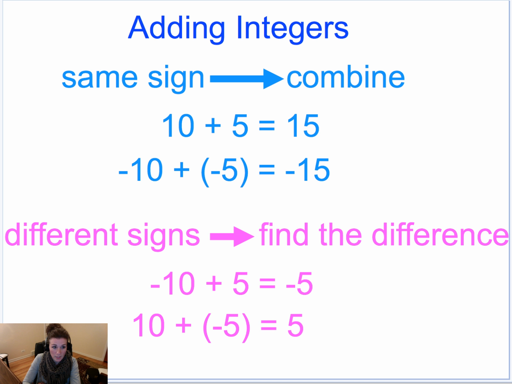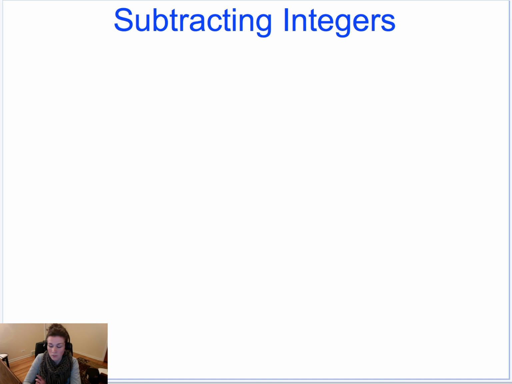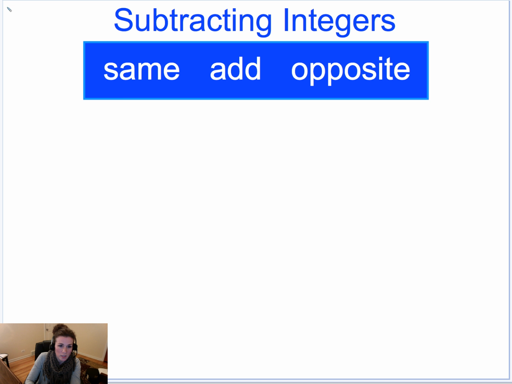Alright, that's all for adding integers. So now let's work on subtracting integers. Remember that those tricks that I just taught you only work when you are adding the numbers together. So what happens when you have a subtraction problem? Well, what's neat is we can actually change every subtraction problem to an addition problem by following this one trick.